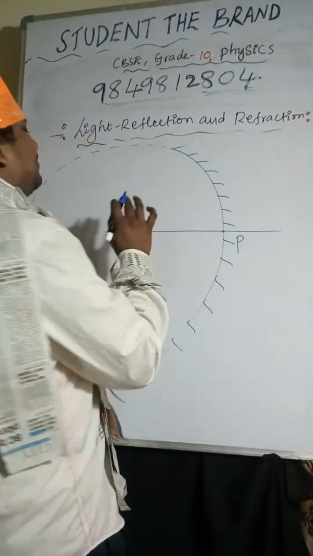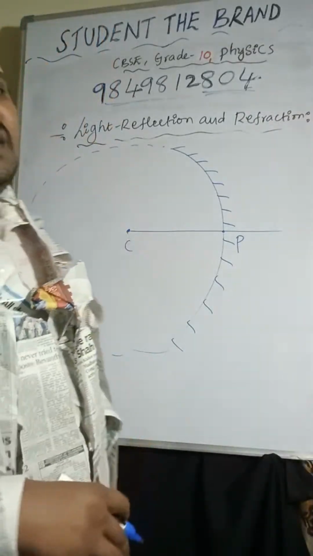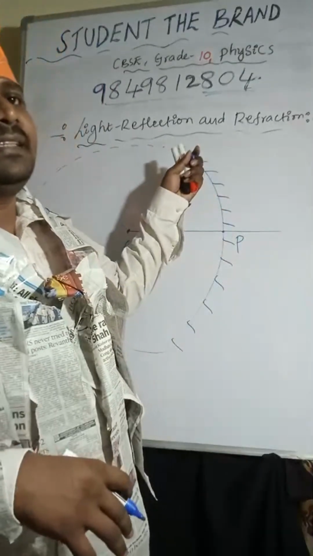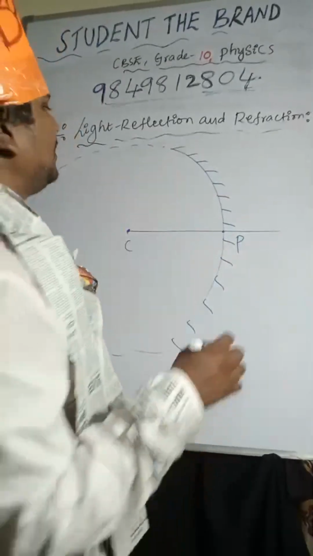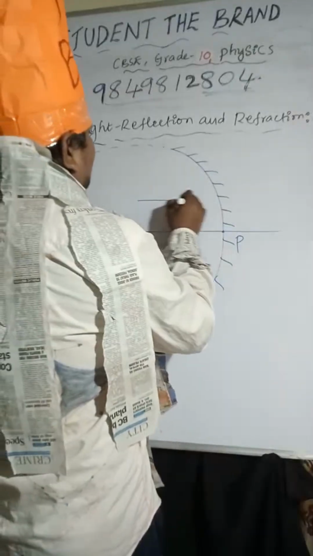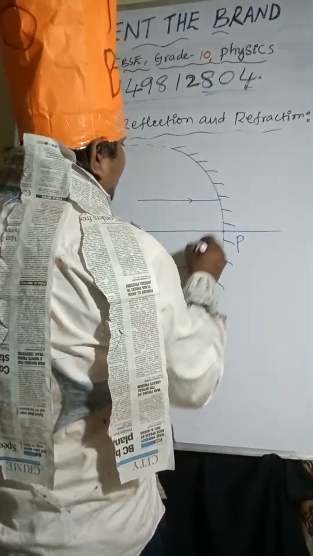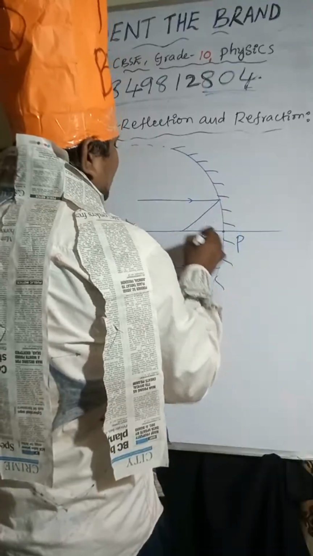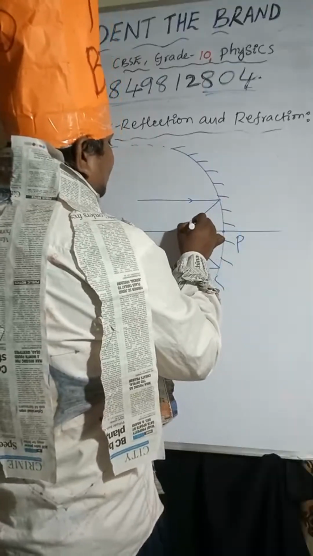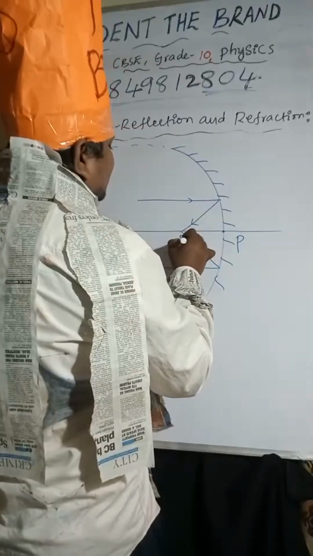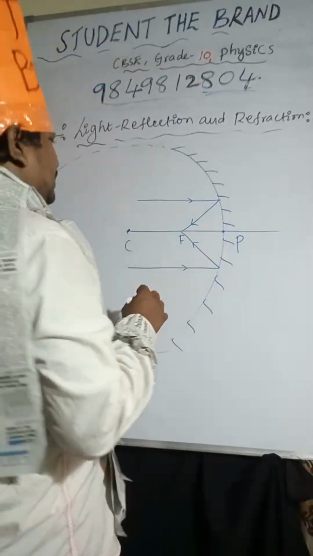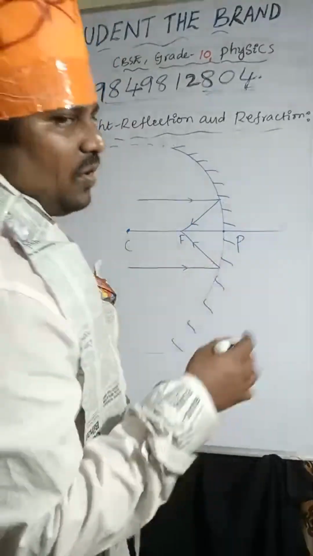After reflection, all light rays meet at one point on the principal axis, which is called the principal focus, or simply focus.